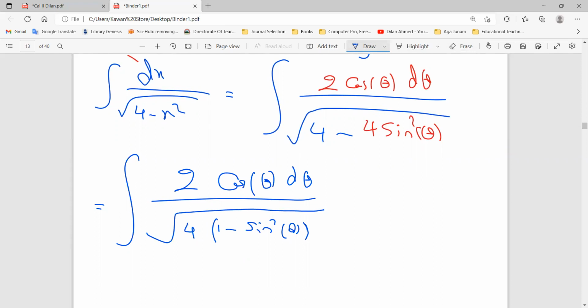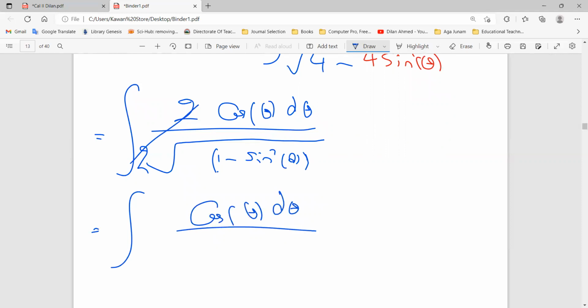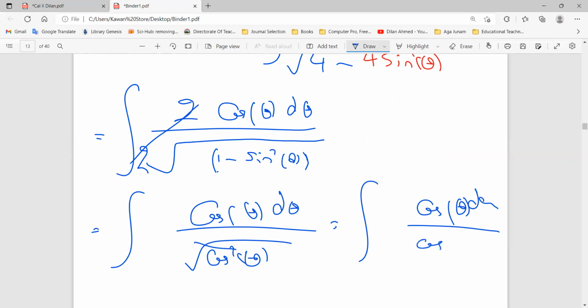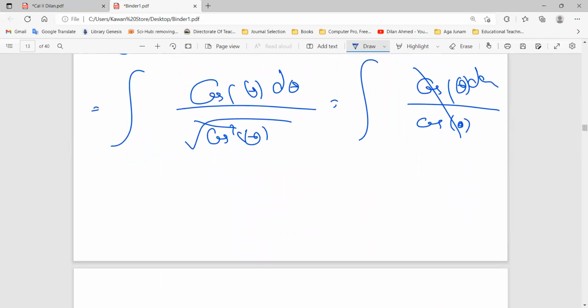The square root of 4 is equal to 2, so I'm going to bring it out. Now tell me, 1 minus sine square is equal to what? Cosine square, right? And you know cosine square with the square root. That's why I say it's easy.